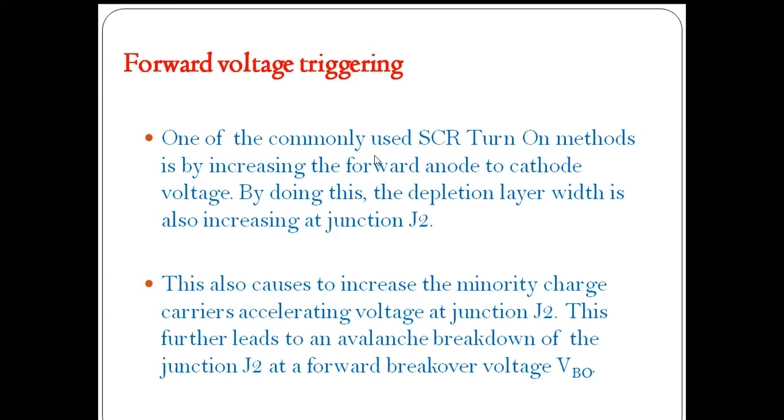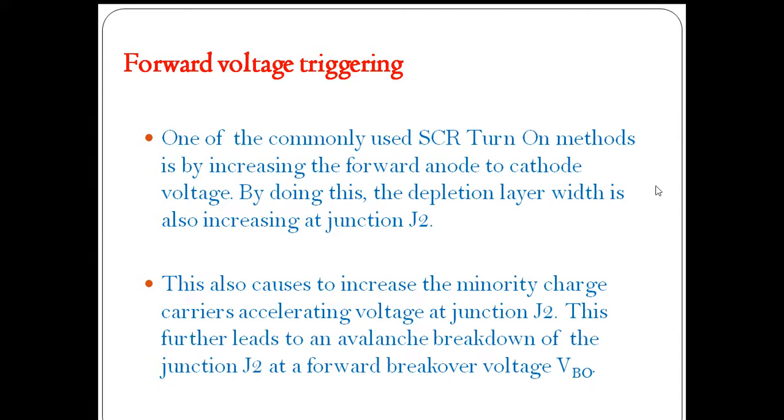In this forward bias technique, the SCR has four layers, PNPN, with three junctions, J1, J2, J3. Once the SCR is forward biased, as we have seen in the construction of the SCR, the junctions J1 and J3 will be forward biased, and junction J2 is reverse biased.